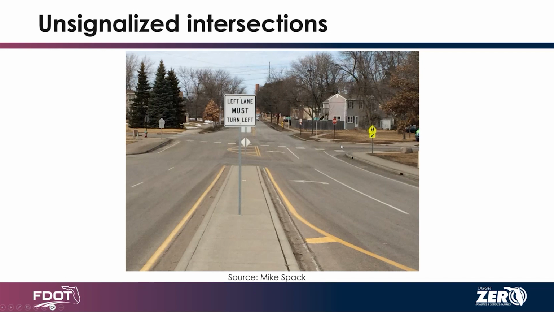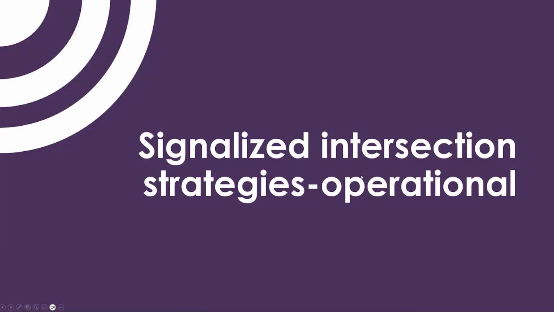You get a lot of unique instances like this that really cause you to think, and you could potentially put in a spot median here for pedestrians as well. So even within a location that's already been improved, there could be potential for additional improvements.